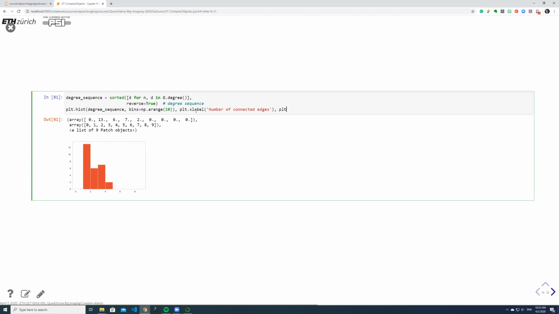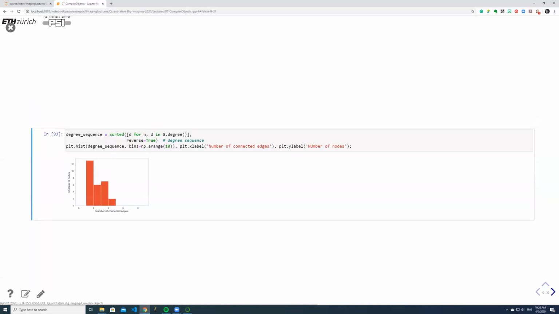And we have the Y label: number of nodes. So now it's annotated in the way it should be, almost. So this is also an analysis we can do about this graph.